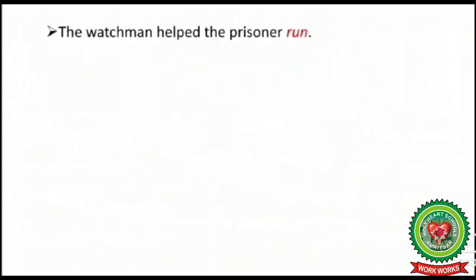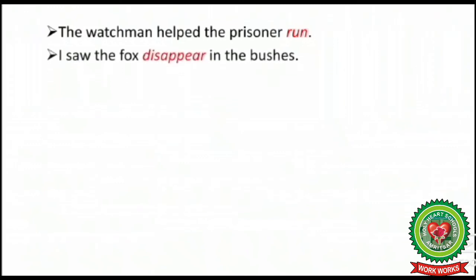The watchman helped the prisoner run. I saw the fox disappear in the bushes. Similarly, the verb disappear is a bare infinitive. If we look at the first sentence, we see that the verb run is a bare infinitive.